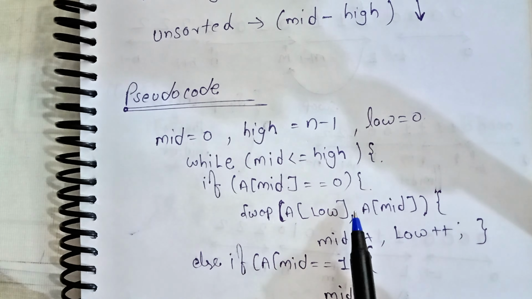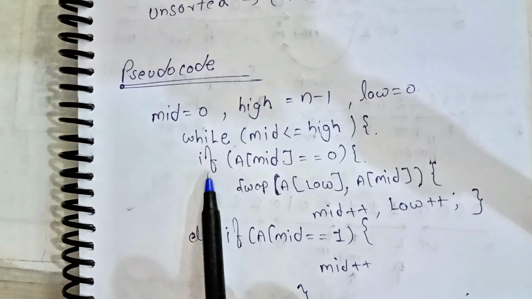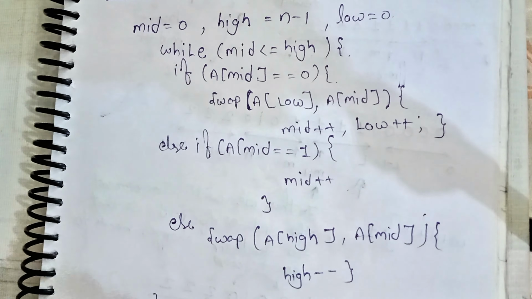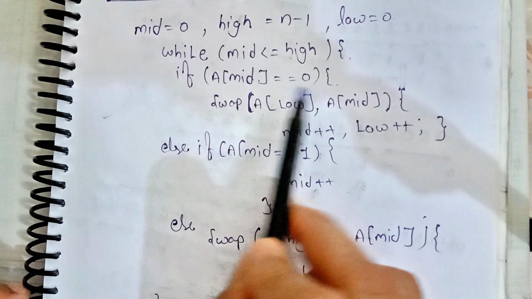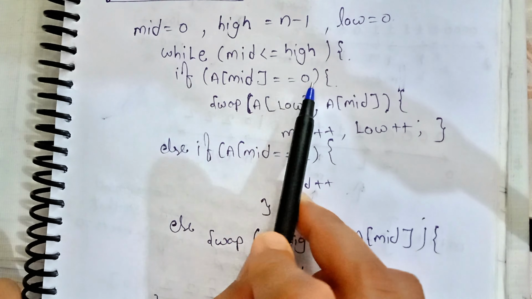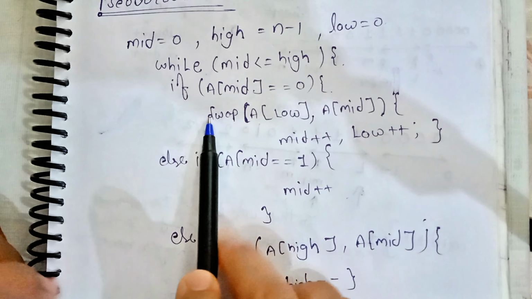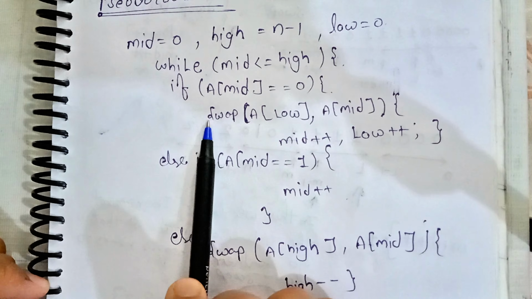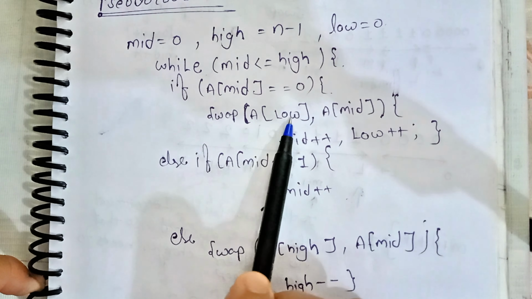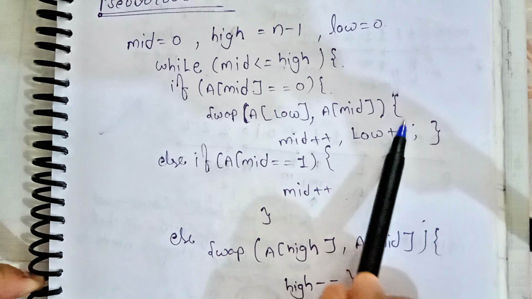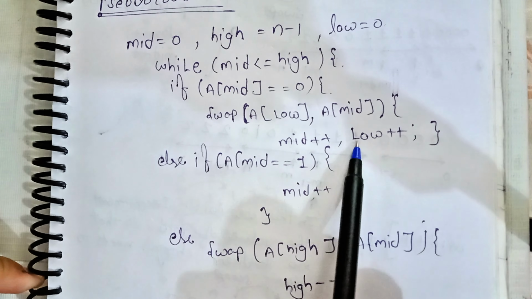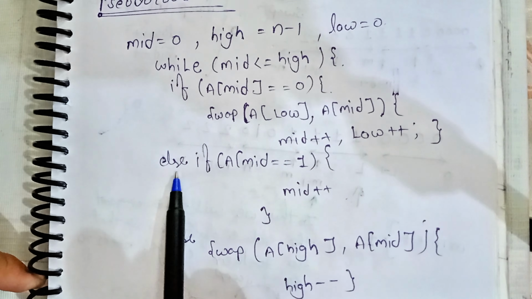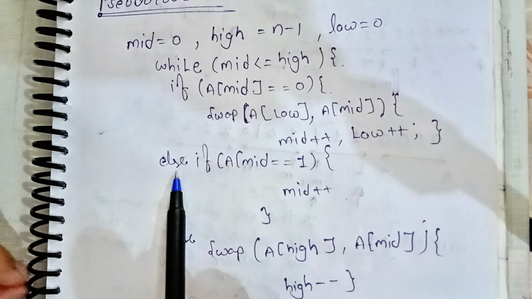Only then we enter the loop. If the value at mid is 0, we swap the value of a of low with a of mid, and we increment mid and low. We move to the next condition.